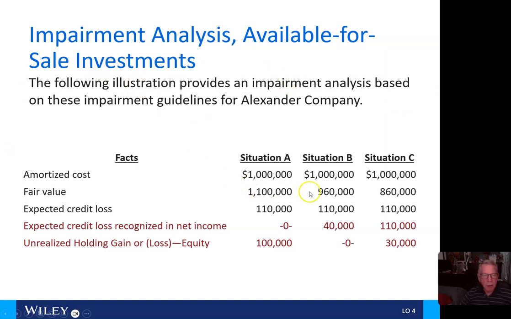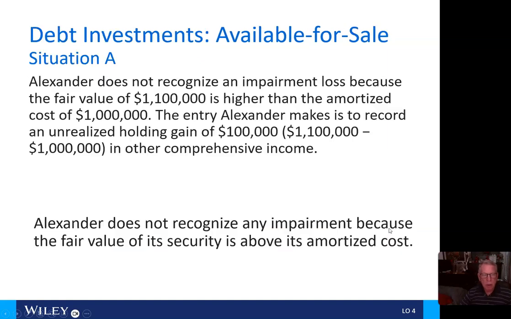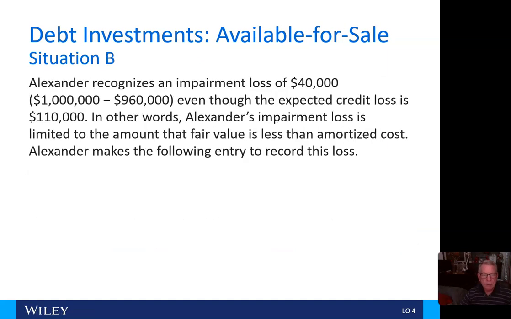Now, under situation Bravo, I go back to situation Bravo here. Here's our amortized cost of $1 million, fair value of $960,000, expected credit loss of $110,000, and so the expected credit loss recognized in net income is going to be $40,000. Alexander is going to recognize an impairment loss of $40,000.